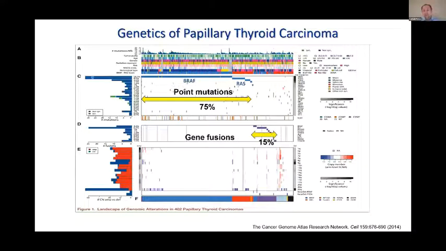About 15% have gene fusions, and a number of them have copy number alterations, and in some situations it's a solitary or unique event. It means non-overlapping with point mutations or gene fusions, and likely represents a driver event in thyroid cancer.